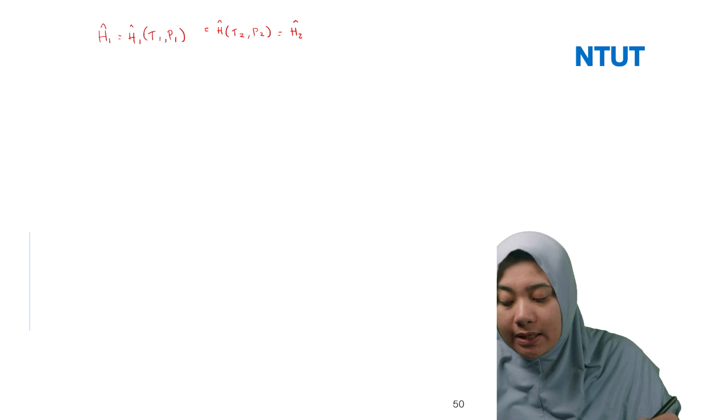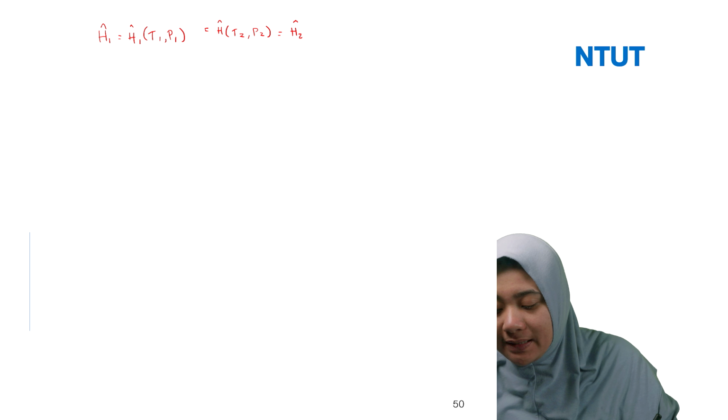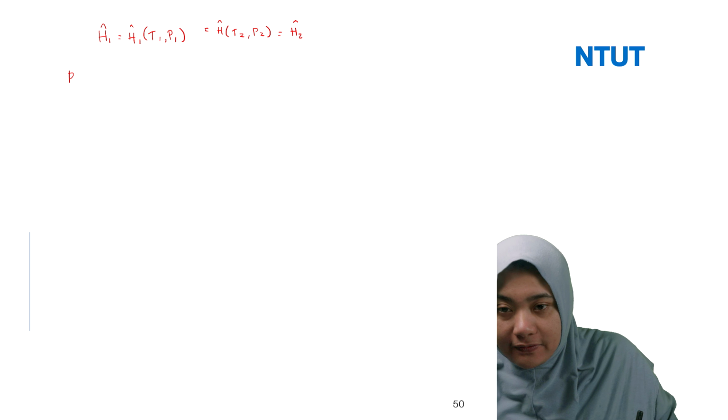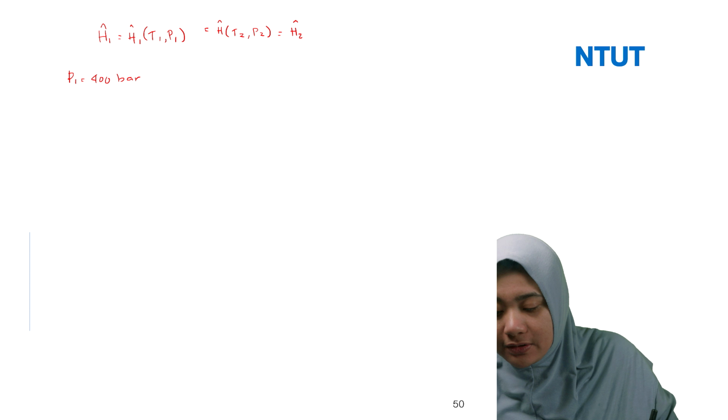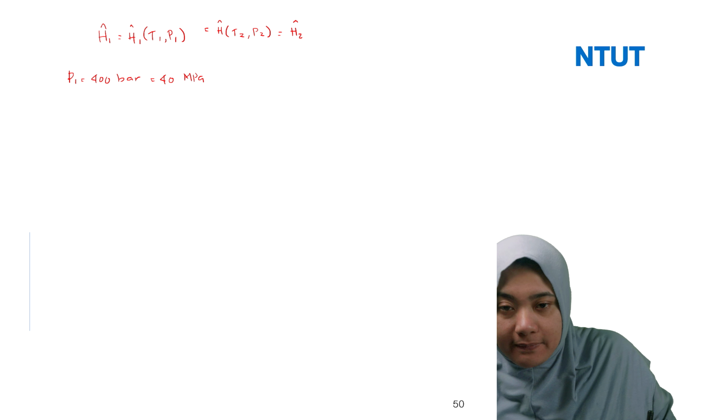Then, if you would like to calculate with the steam table, of course, you need to know that in the appendix we have the table at 40 megapascal. So for P1, you have 400 bar, which we can convert to megapascal.